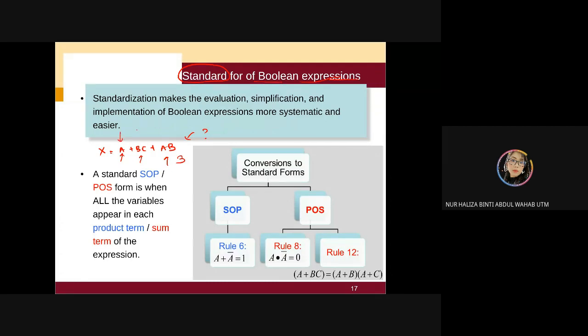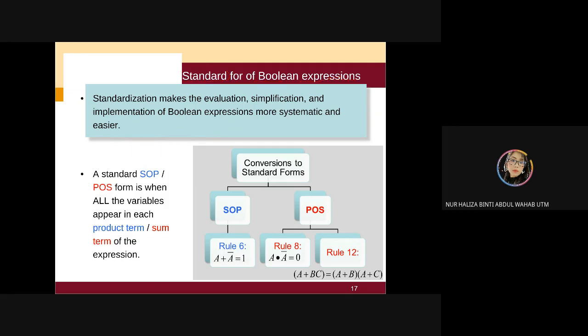So in all the product terms, you need to have 3 for SOP. This is product term, right? Similar to POS, if you have 3 variables, all the sum terms need to have 3 variables.